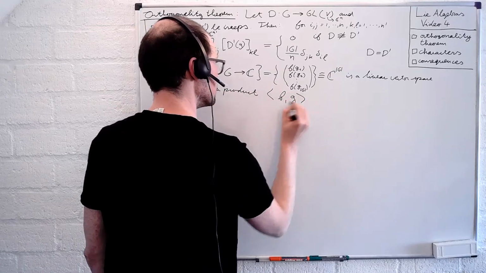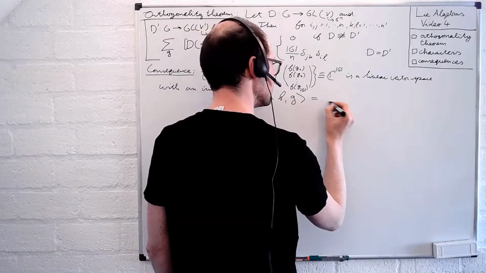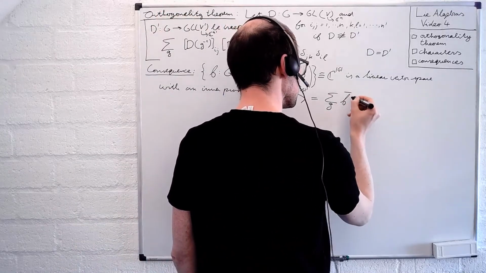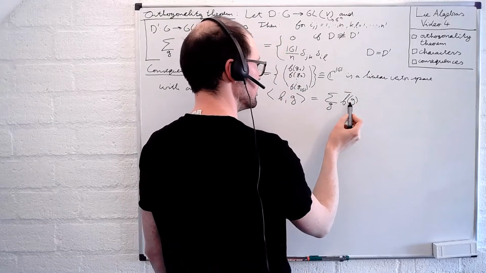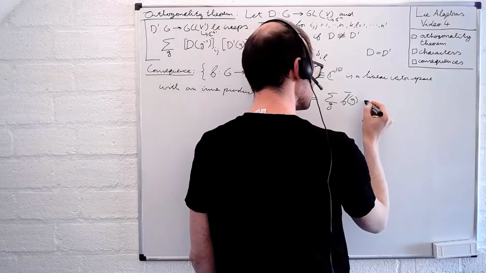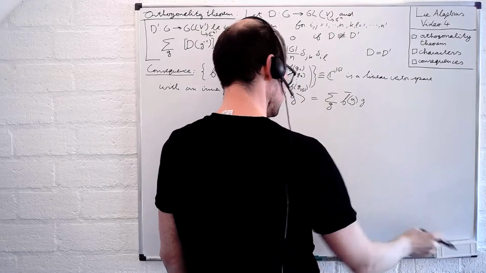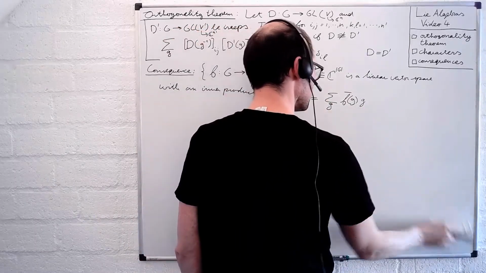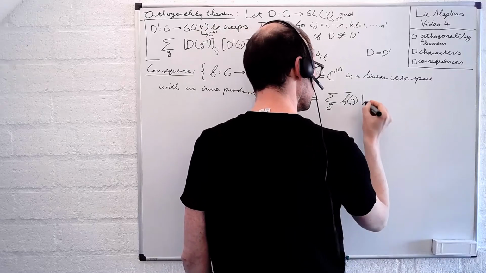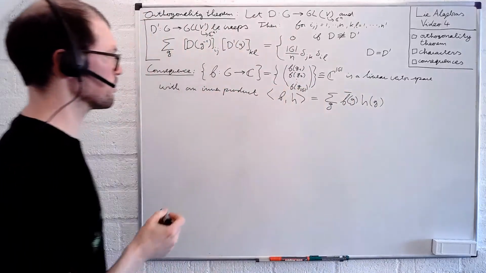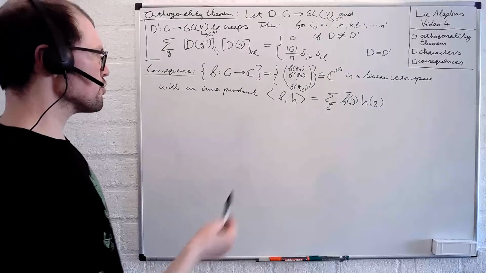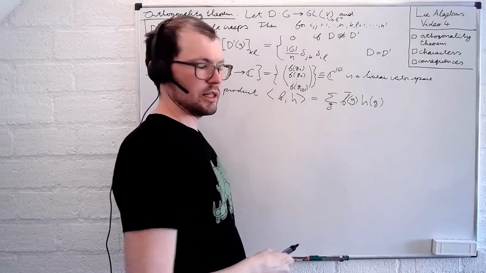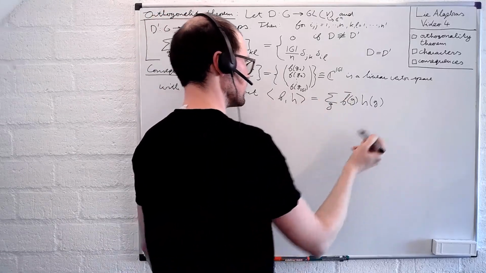If I have two such functions, what I do is sum over all the elements in the group, take the complex conjugate of the evaluation of f at that element times the evaluation of, maybe g was not the best letter to use here, let's take h, evaluated at that element. So really you should think of this as a Hilbert space. It's a linear space together with an inner product, a complex inner product like this.